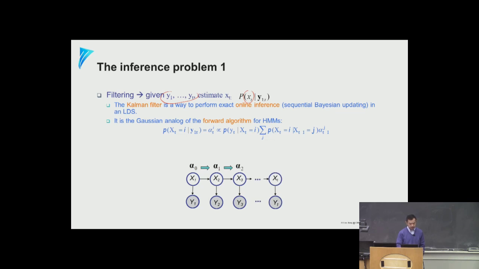Okay, so this alpha is basically my running estimation of the conditional of the current true state given the entire sequence up to now.